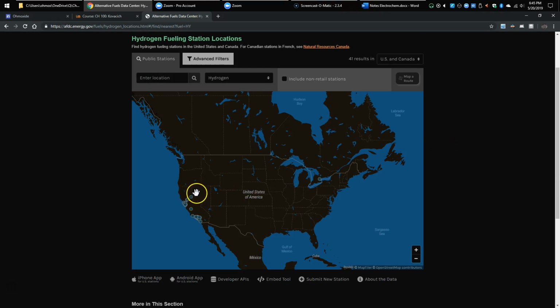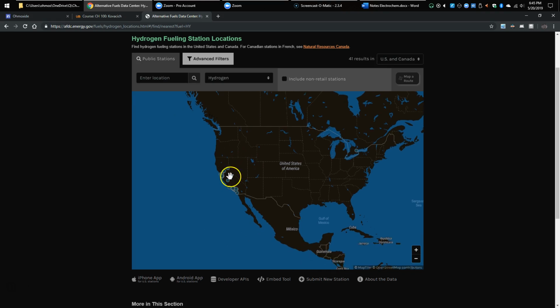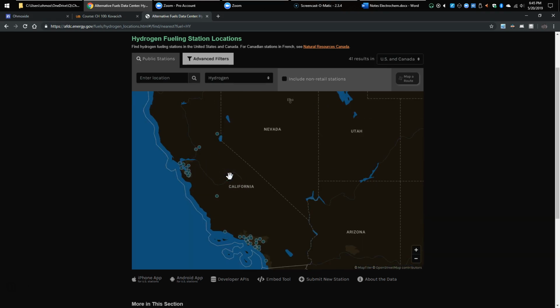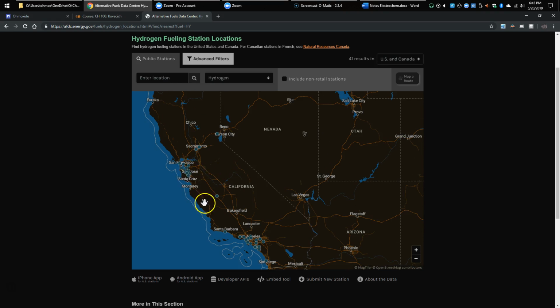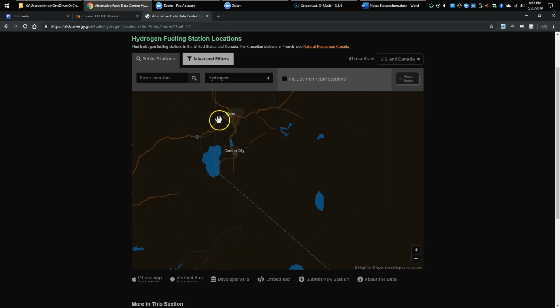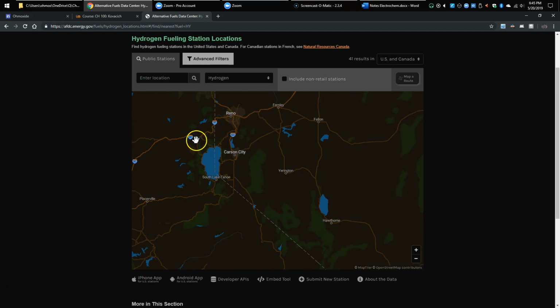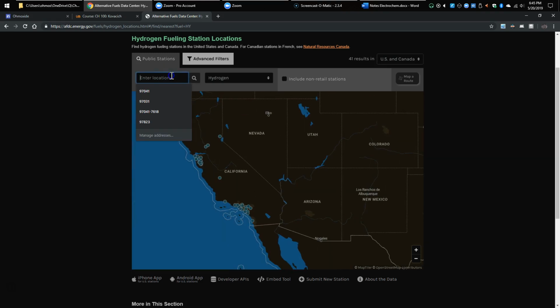Gotcha. I just looked up the hydrogen retailers, and it just looks like they're only in California. There's a whole bunch in the Bay Area, and there's a whole bunch around Los Angeles, and there's a couple in Sacramento, and then one not far from Reno. But I'm not seeing anyplace else. That's not that surprising.